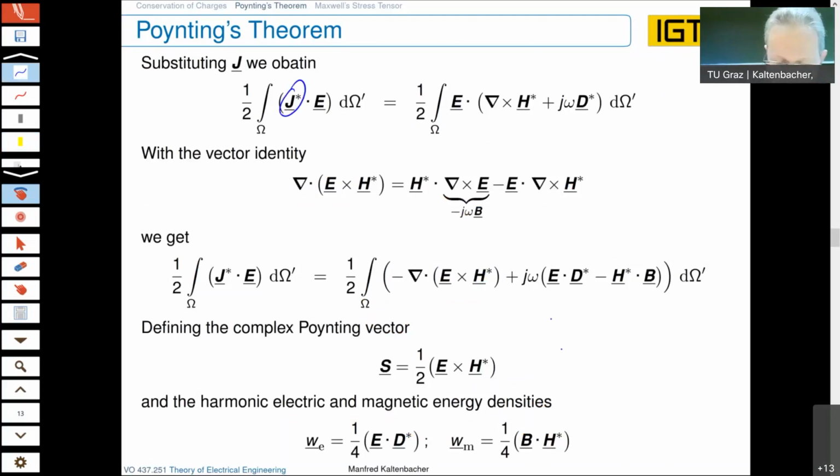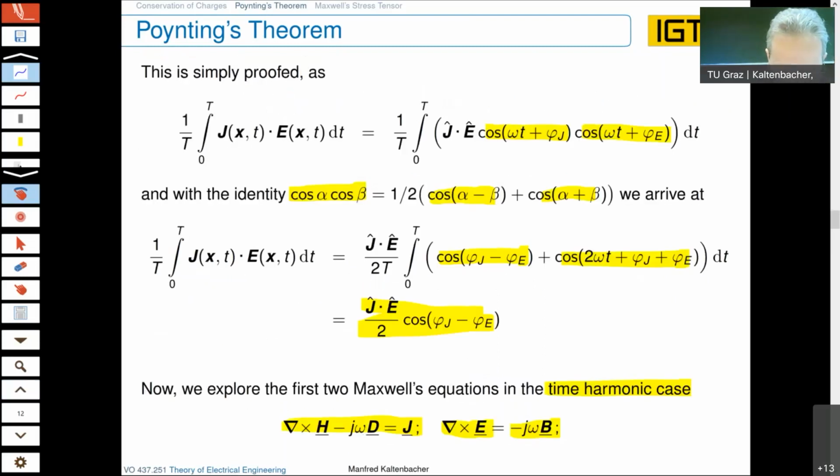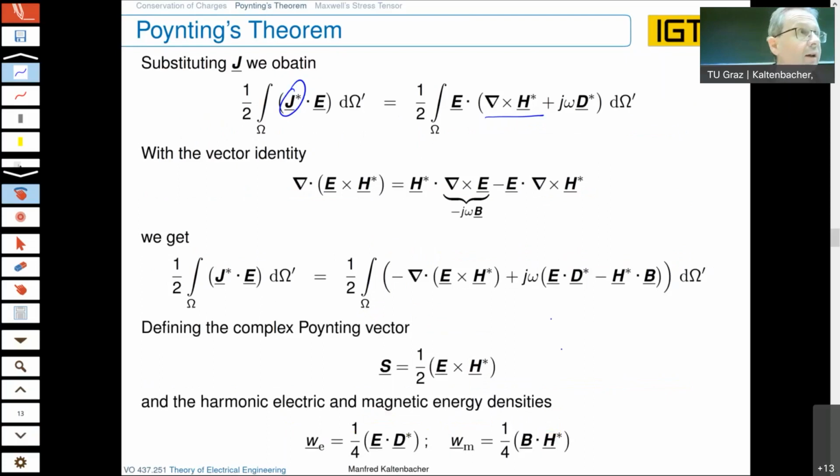That is why we have here the curl of H conjugate complex, and be careful, we have here minus j omega, so a complex number which is just pure imaginary, and here the complex number D. If you take the complex conjugate, you get plus out of minus j omega, plus j omega, as you know. It's a pure imaginary part, and we should not forget that also D has to be taken conjugate complex in this sense.